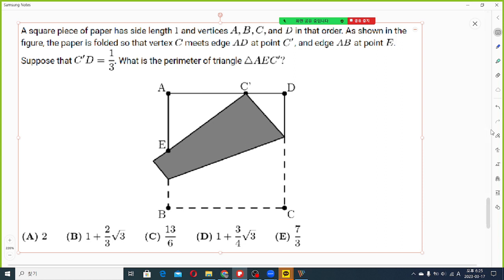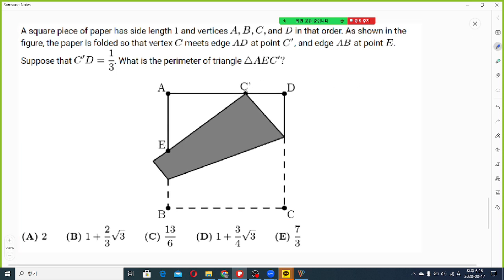Yeah, another geometry problem. So we can make a Pythagorean theorem using this triangle.